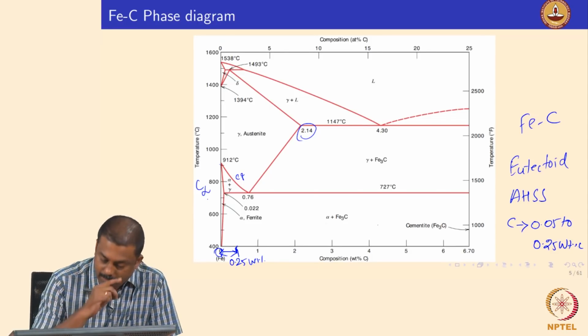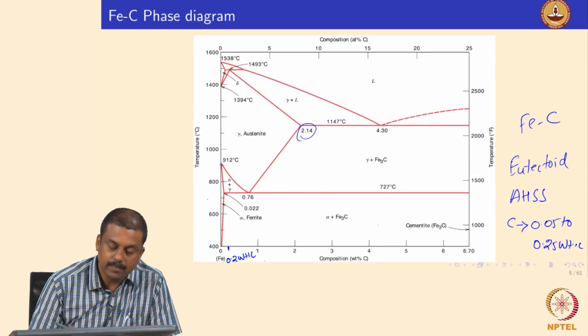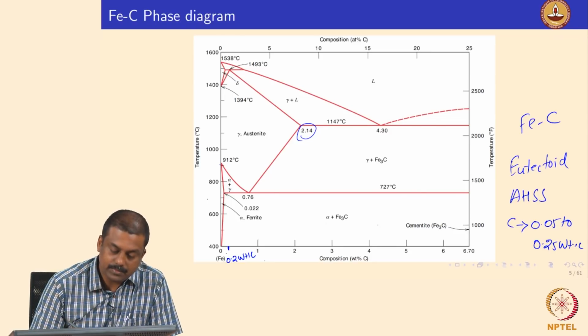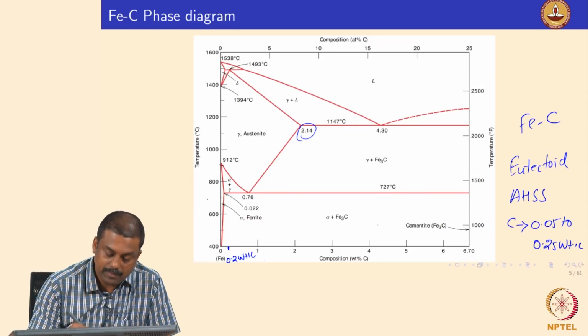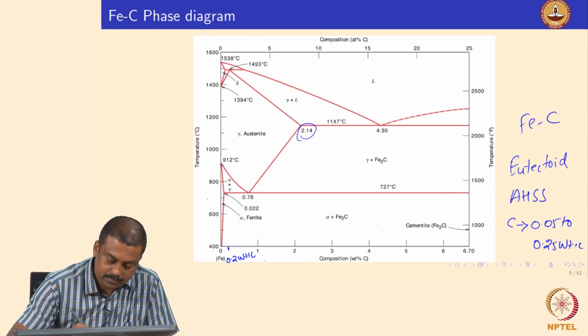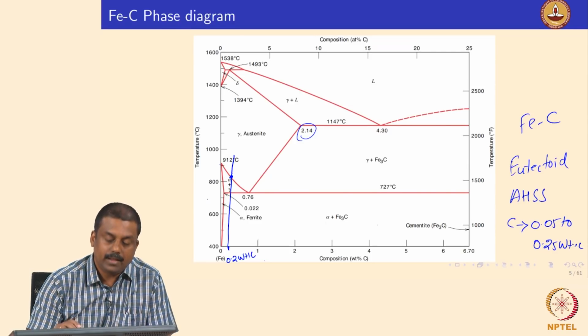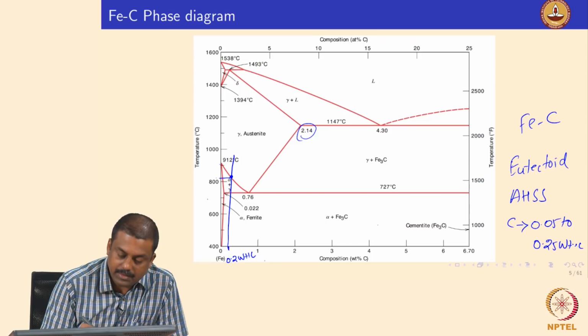Now if you look at this diagram, if you heat up a steel containing say 0.2 weight% carbon to higher temperatures, whatever microstructure you have would transform to austenite the moment your temperature reaches this temperature.